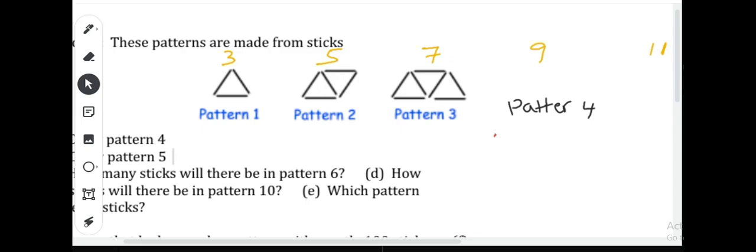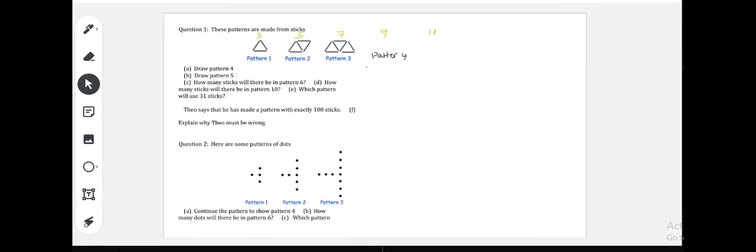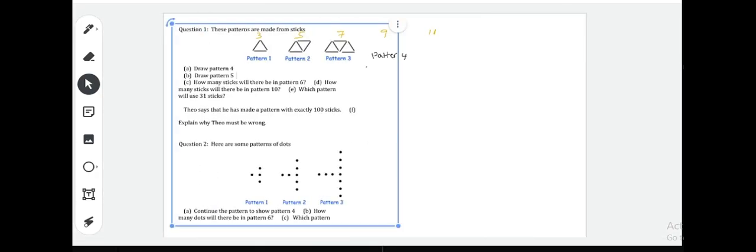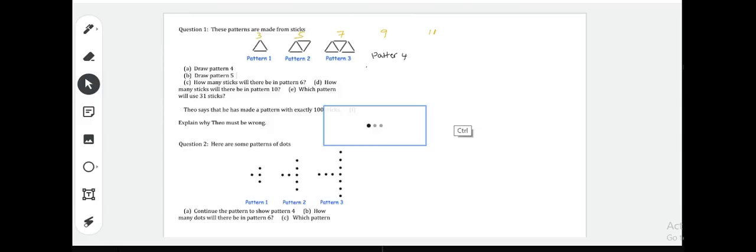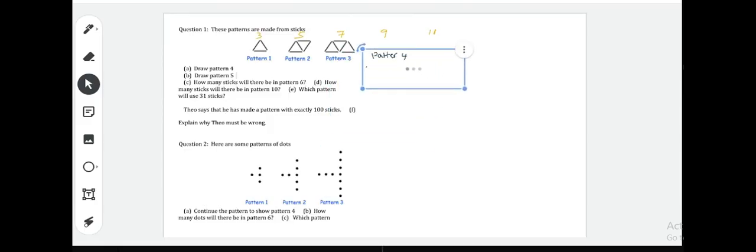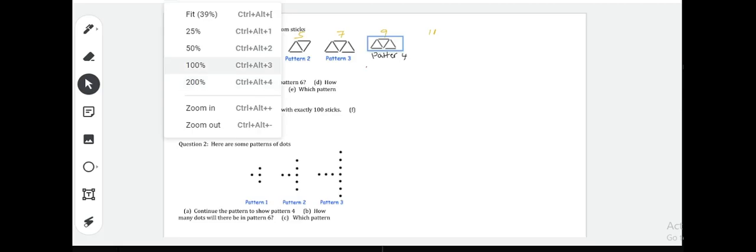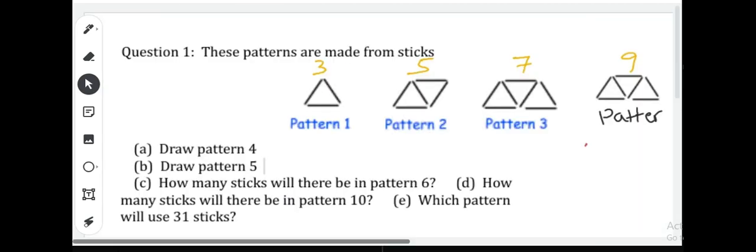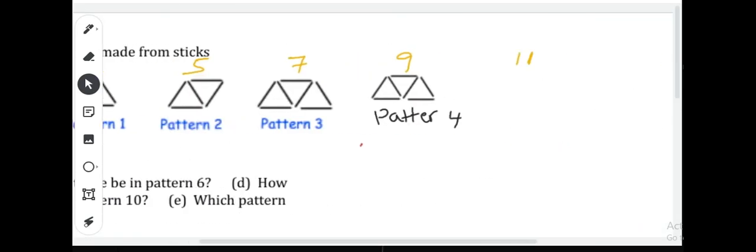Let me zoom it in. Let me zoom out. So this is 1, 2, 3, 4, 5, 6, 7.